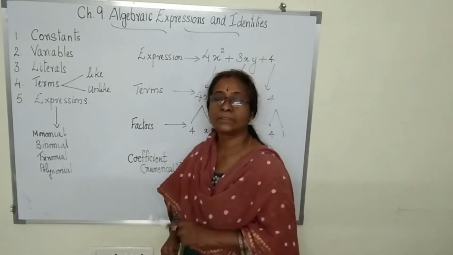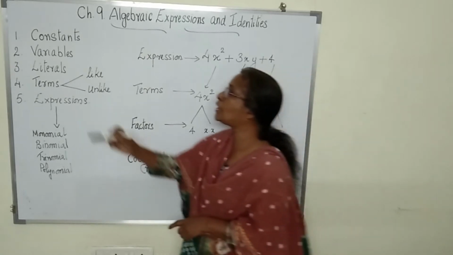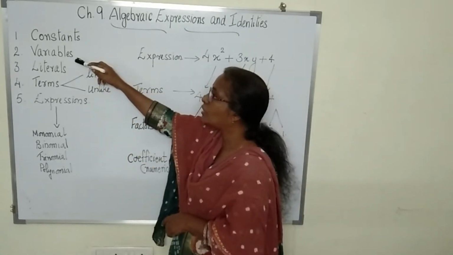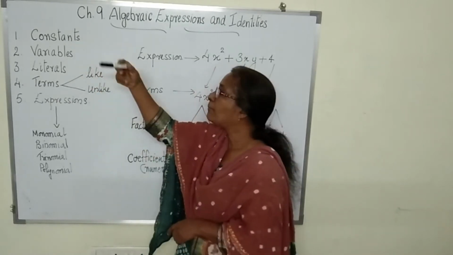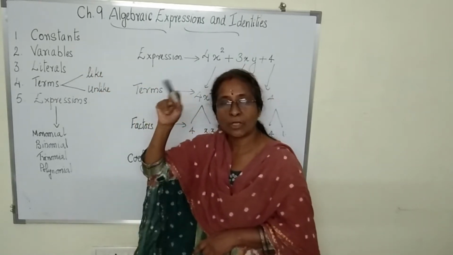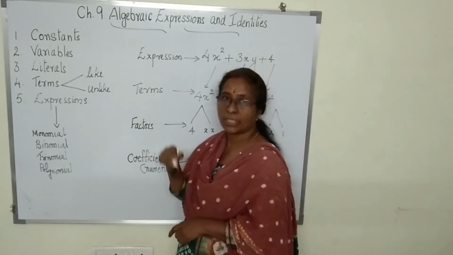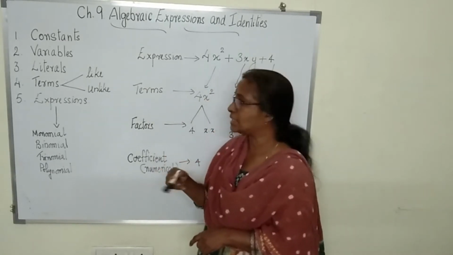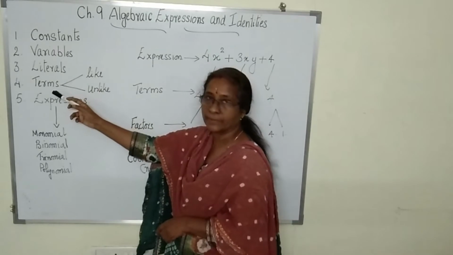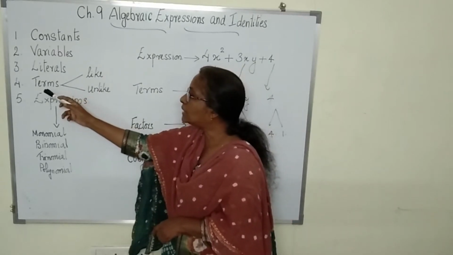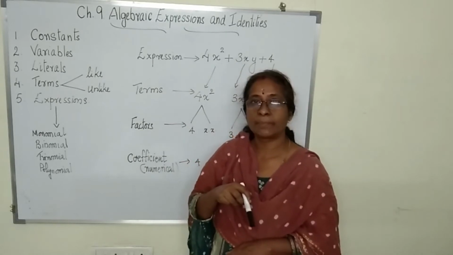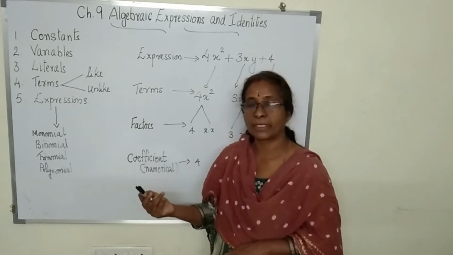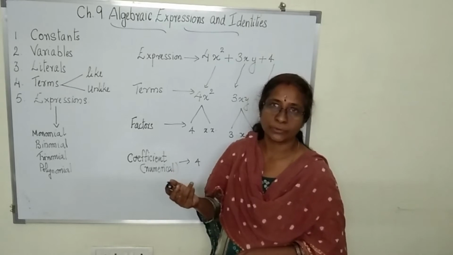Now terms are the combination of these two, or it can be separate also, maybe a constant, maybe a variable, or the combination of both using multiplication or division sign are called terms. Now when you take a term, it may have a constant part, or it may have a variable part, or maybe both.